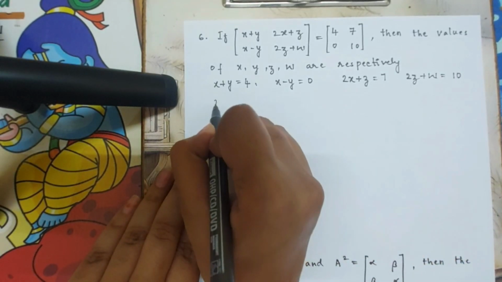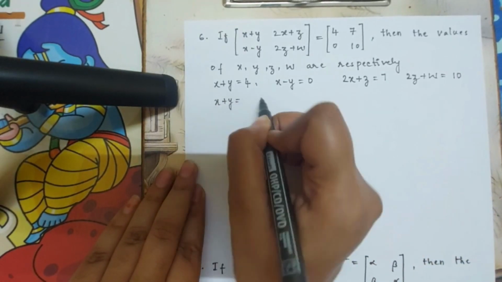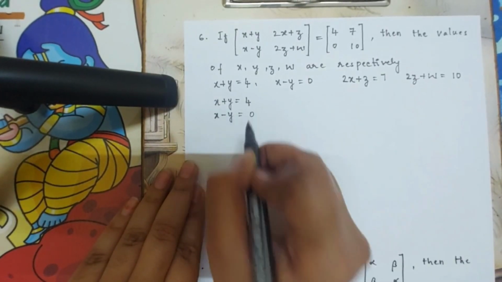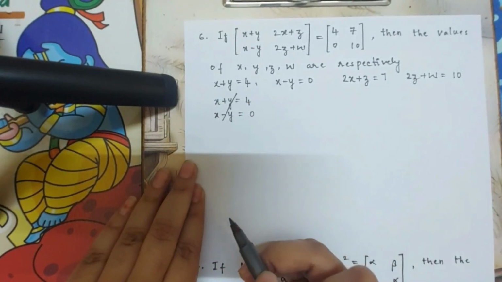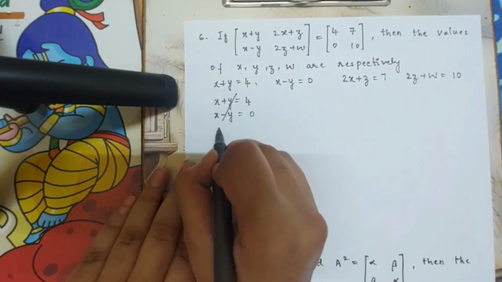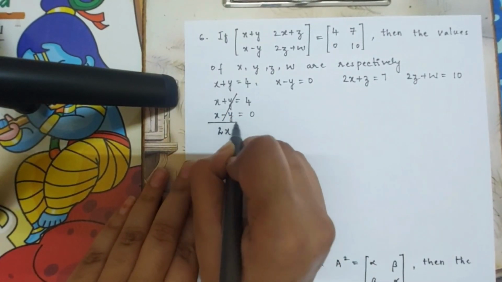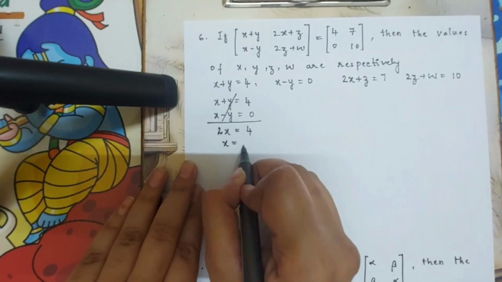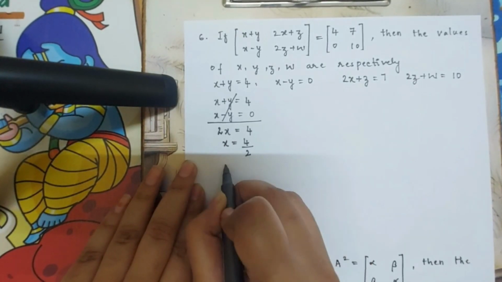So I'll be able to solve these two by adding them: x plus y is 4, x minus y is 10. I'll be able to cancel plus y and minus y, and I'll be left with 2x that is equal to 14. So x will be equal to 14 divided by 2 and the value of x is 7.